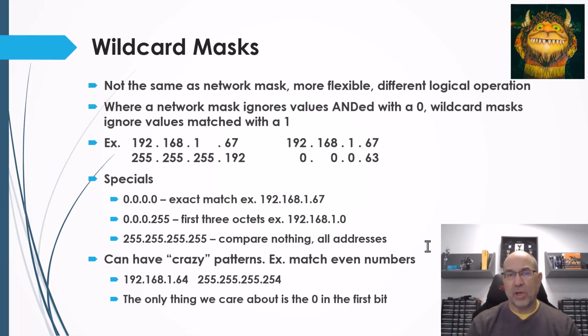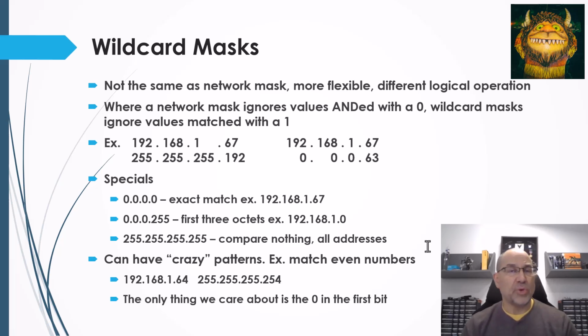Now the opposite is also true, whereas a net mask of 0.0.0.0 matches everything or cancels out everything, a wildcard mask of 255.255.255.255 doesn't care about anything. So it either wipes out everything or matches everything, depending on how you want to think about it.